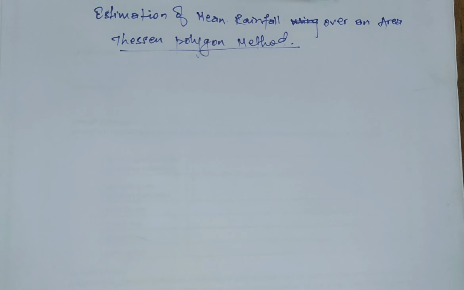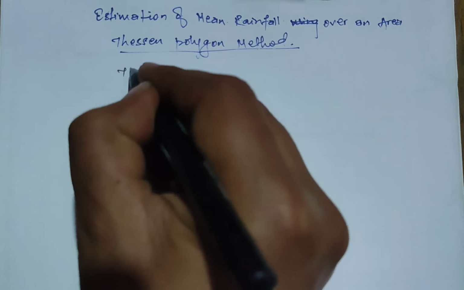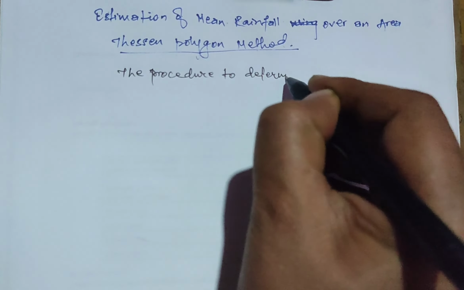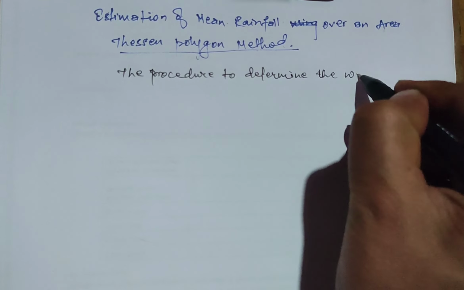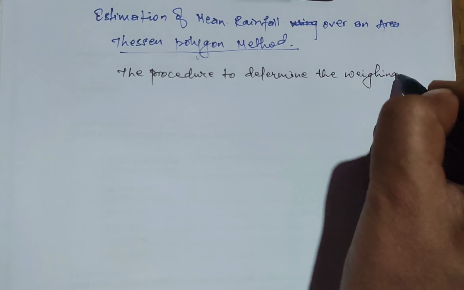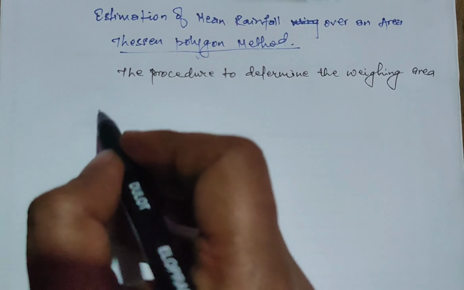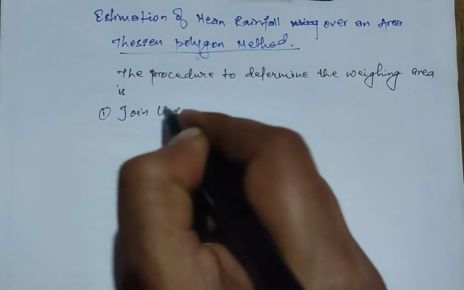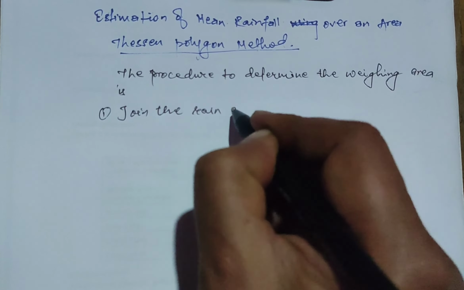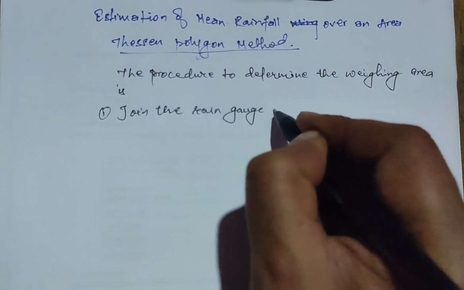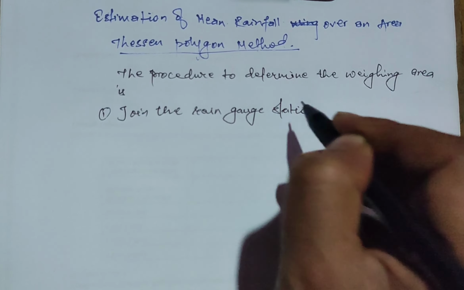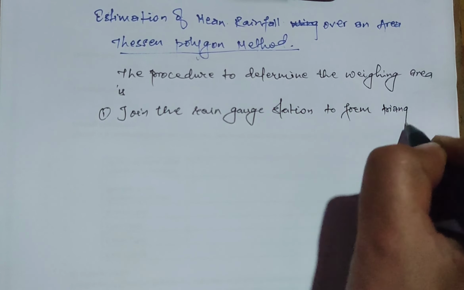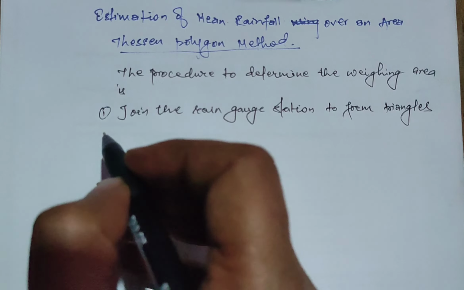The procedure for determining the weighted area is: at first join the rain gauge stations to form triangles by straight lines.